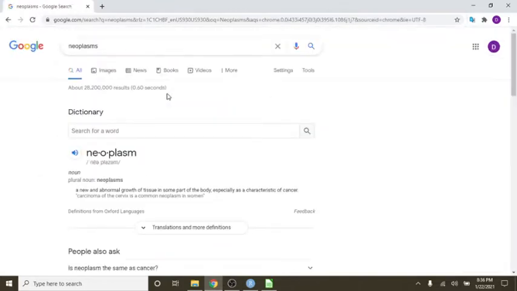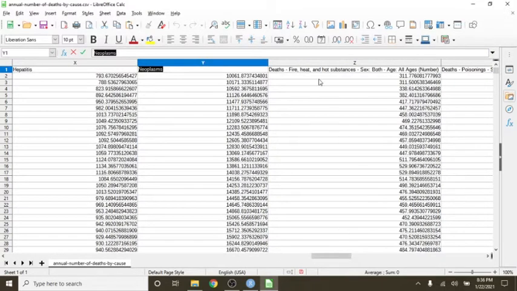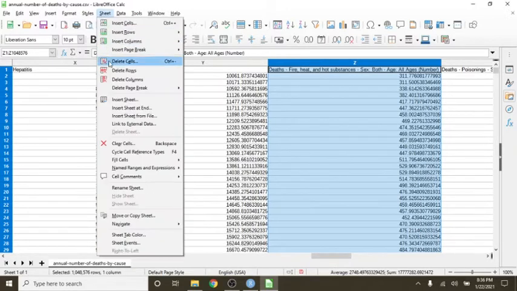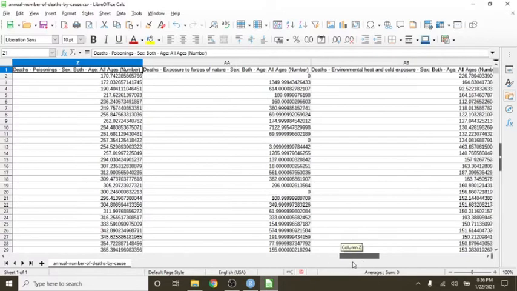An abnormal growth of tissue in some part of the body, neoplasm, especially characteristic of cancer. So that means this neoplasm could also include cancer. We're not really concerned with, so like I say, I'm only concerned with actual diseases, exposures to forces of nature.